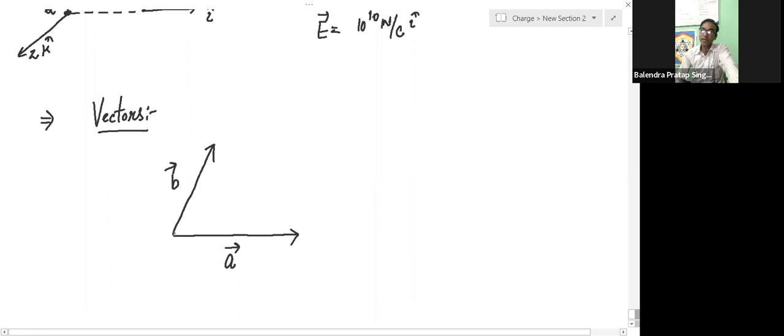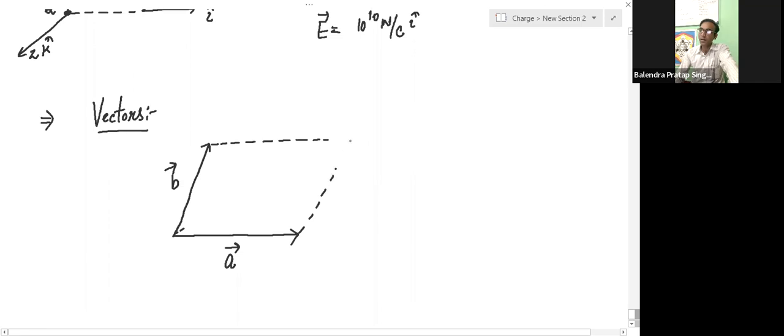We don't know exactly, but before discussing the resultant, first I am going to draw a parallelogram which associates with these two vectors. The parallelogram will be like this one.